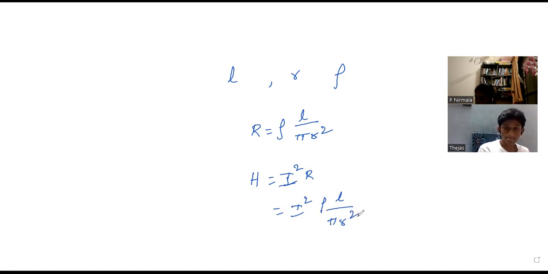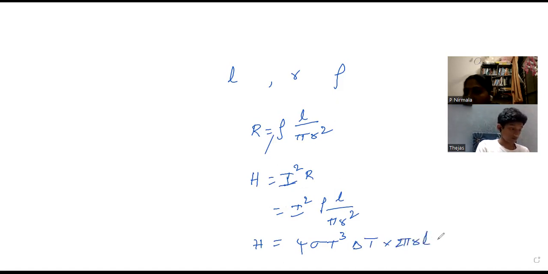Now take capital T as the temperature surrounding the fuse wire, and delta T as the rise in its temperature. Then the loss of heat by radiation per second is H equals 4 sigma T cube delta T into 2 pi R L. Here sigma is a constant, the conductivity.